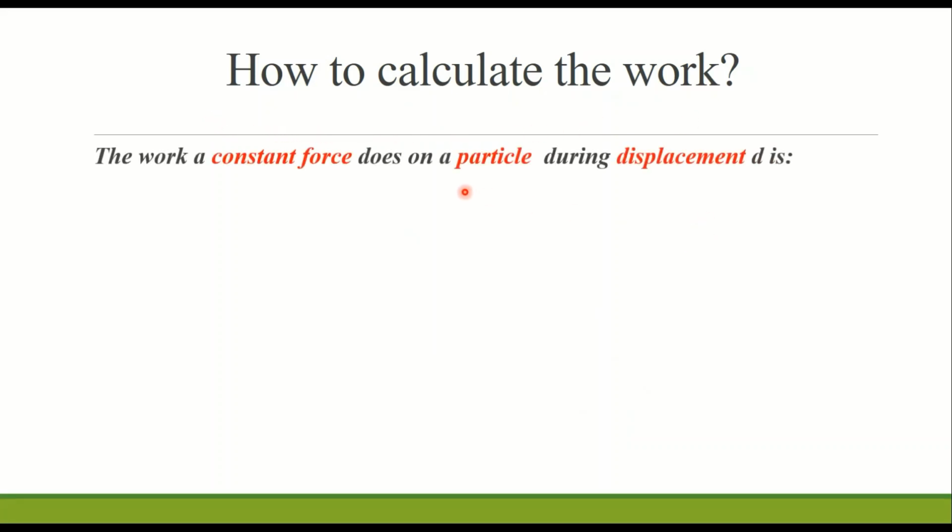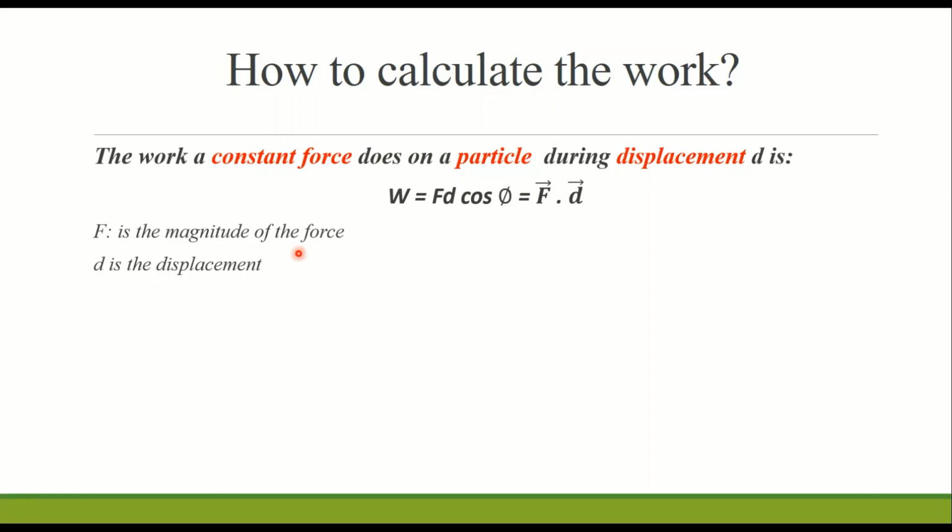The work done by a constant force on a particle during the displacement d is mathematically calculated using this formula: F times d times cosine of phi, where F is the magnitude of the force applied to move the object, d is the distance the object moves in the direction of the applied force, and phi is the angle between the direction of the force and the object's movement.